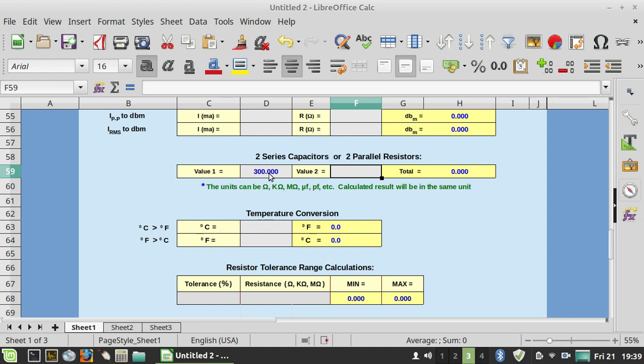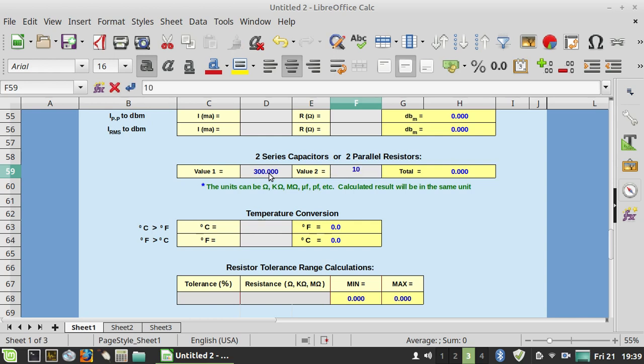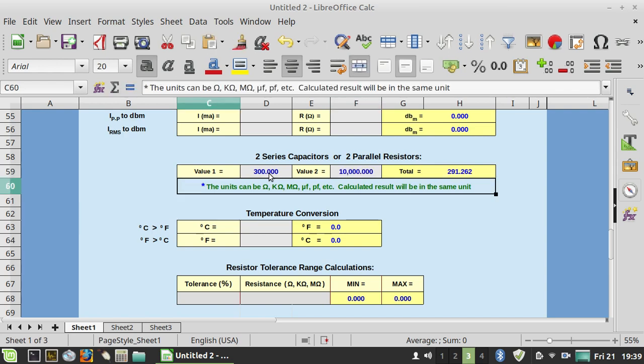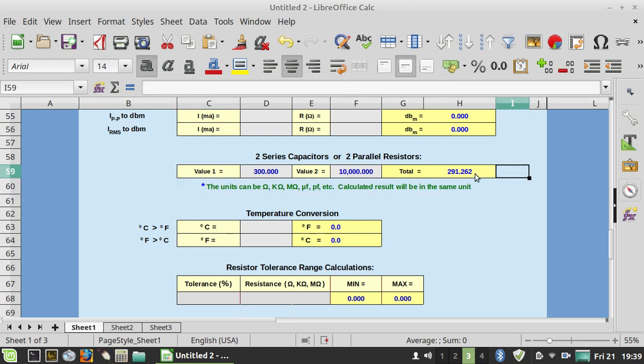Well, I'll try 10,000 picofarads, which is 10 nanofarads. It just so happens that wouldn't be a bad value, actually. So that's where that could come in handy, and does come in handy.